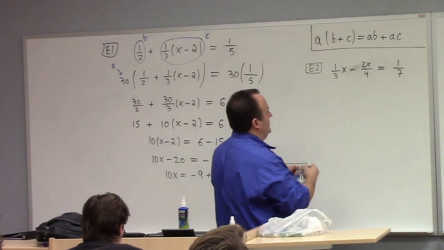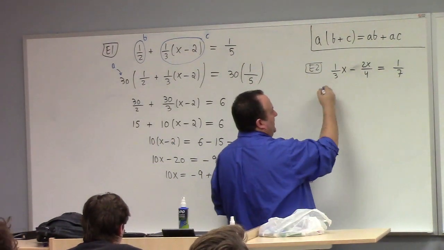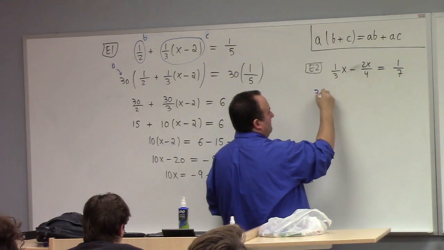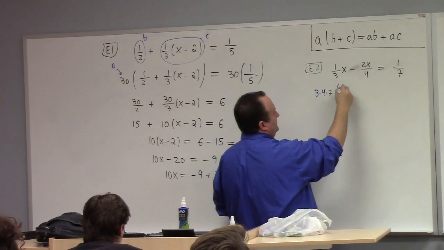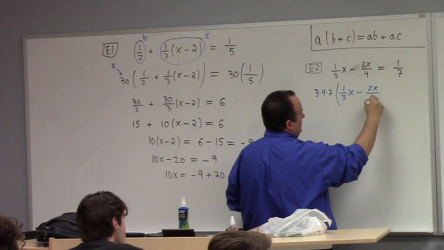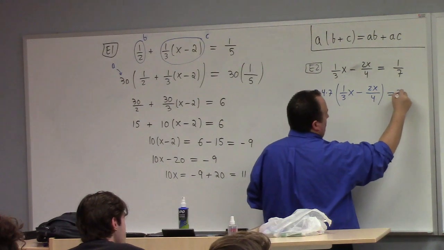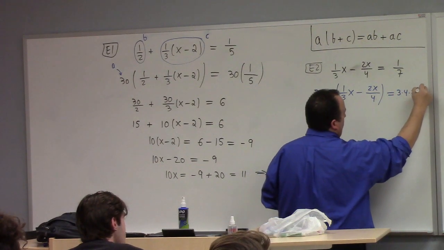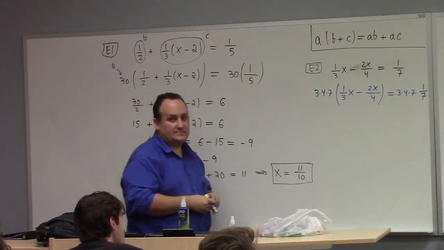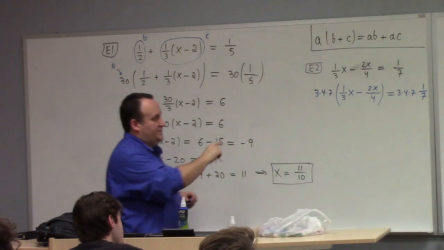So I would multiply by 84, which you could leave as 3 times 4 times 7 if you like. So I multiply the equation by 3 times 4 times 7, and then I have to distribute.